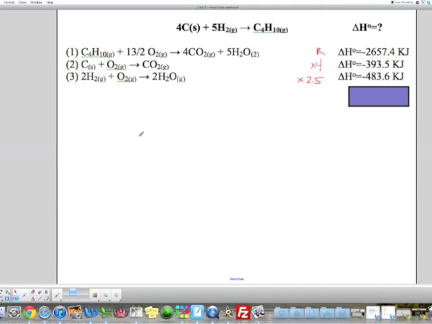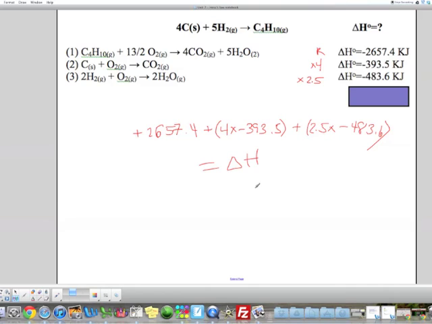So now all I need to do is say plus 657.4, because I reversed the sign, plus 4 times negative 393.5 plus 2.5 times negative 483.6. That will give me my delta H for the reaction.